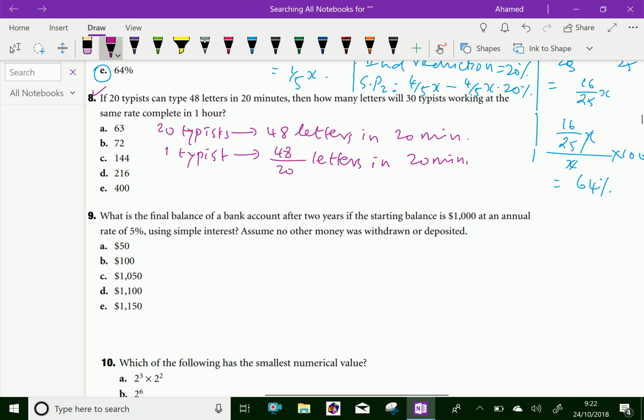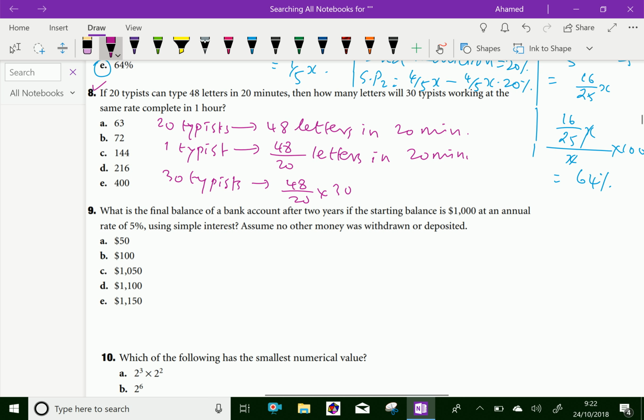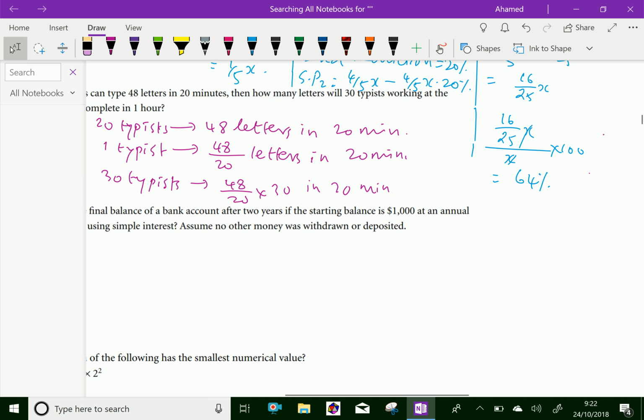Therefore 30 typists can type in 20 minutes 48 over 20 into 30.